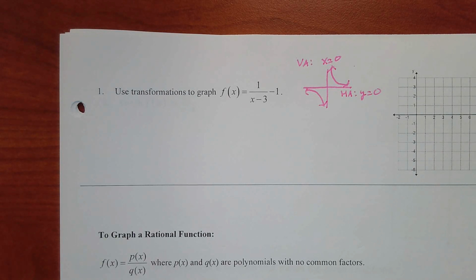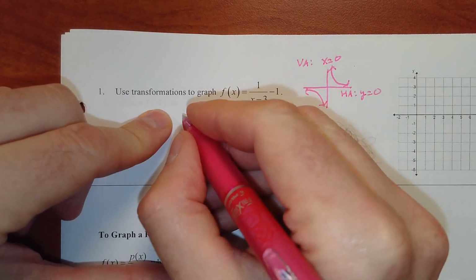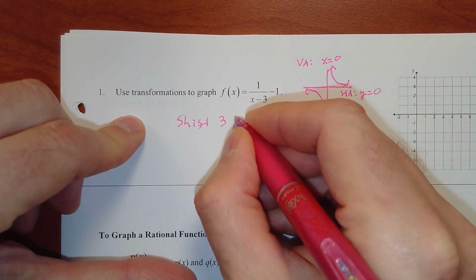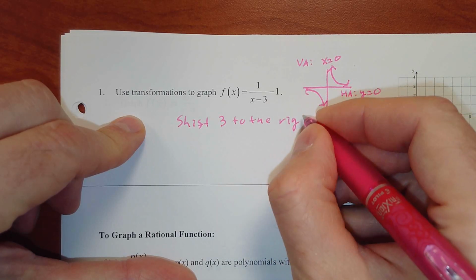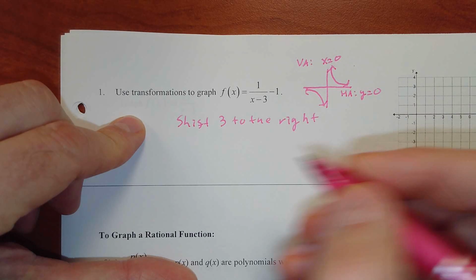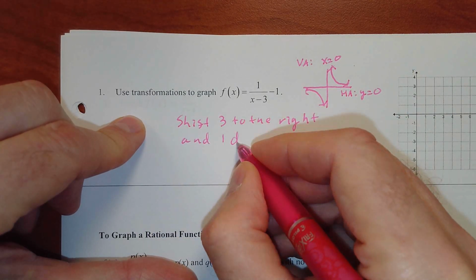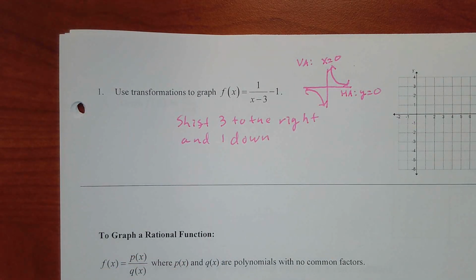Okay, now let's think about how this shifted. So I have a horizontal shift of 3 to the right, and then 1 down. There's no stretch or reflection, so that's cool.